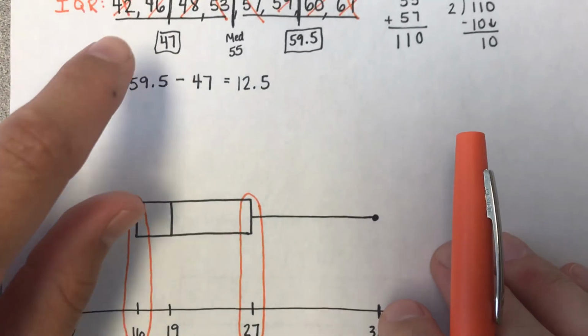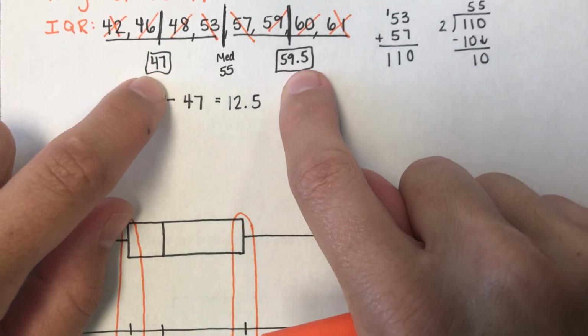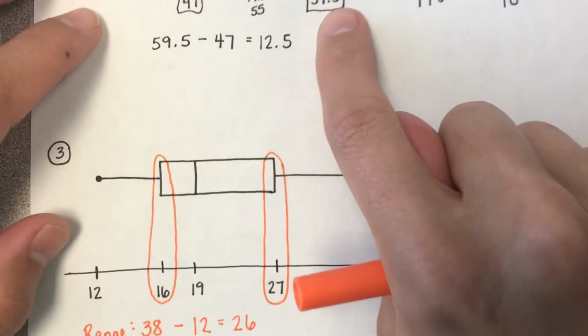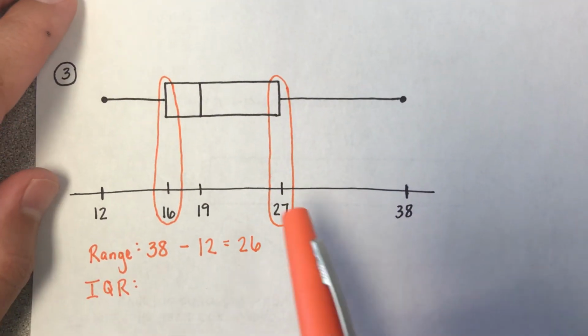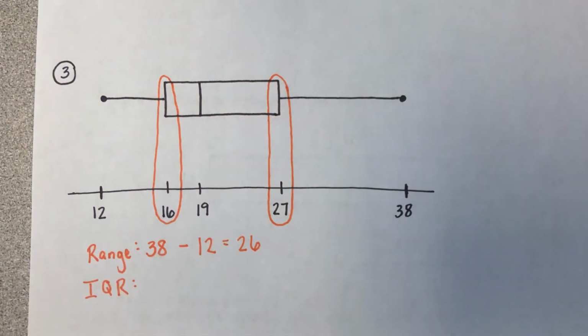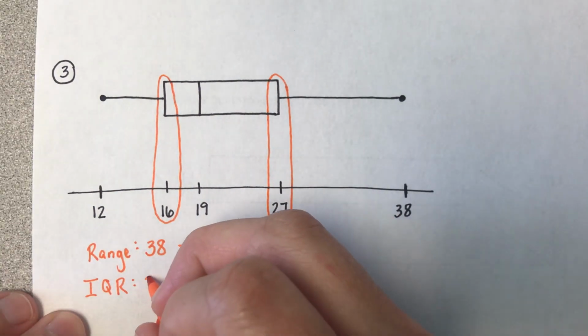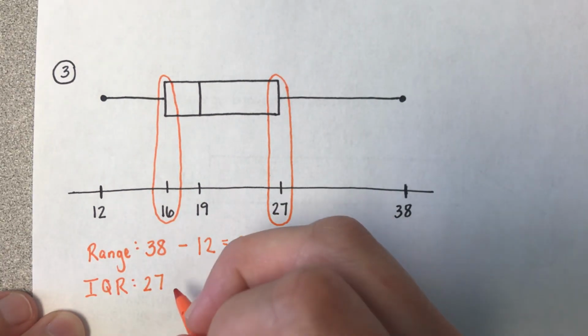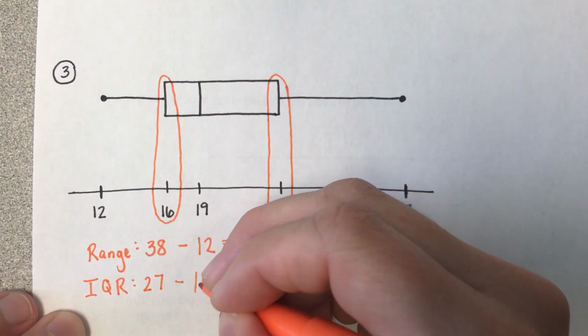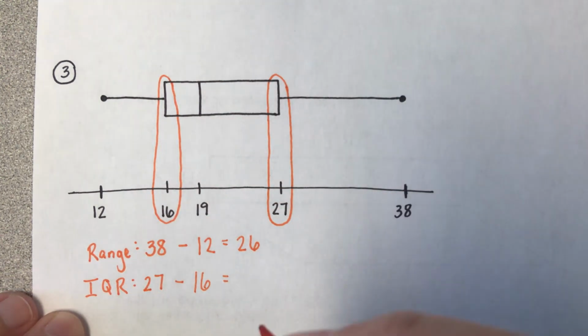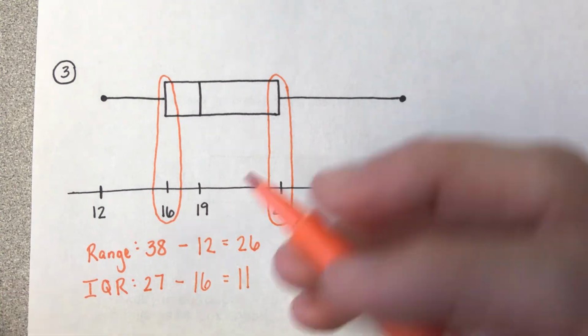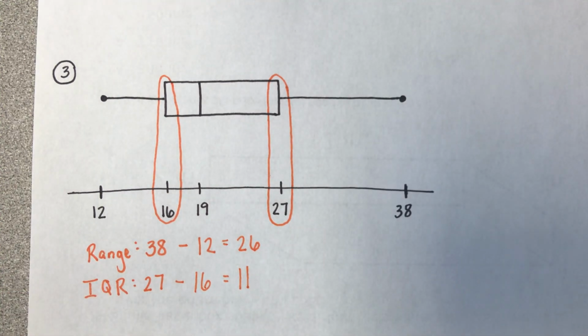Rather than having to do all that work, I just have to be able to read this box and whisker plot, and I can see that my upper quartile, or my upper median, is going to be 27. My lower median is 16. Find the range of those, and I get 11. Okay? So remember, range is just the biggest number minus the smallest number. Interquartile range, you have to do a little bit more work, but in the end, you're still subtracting because range means subtract.